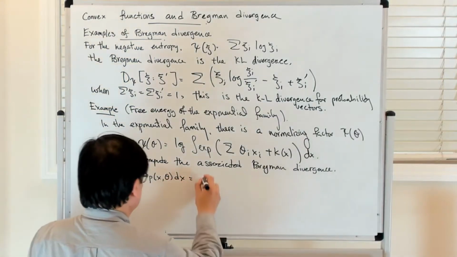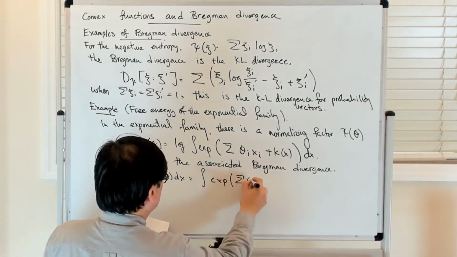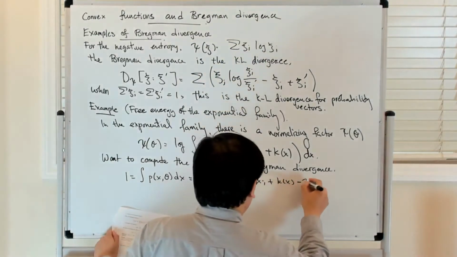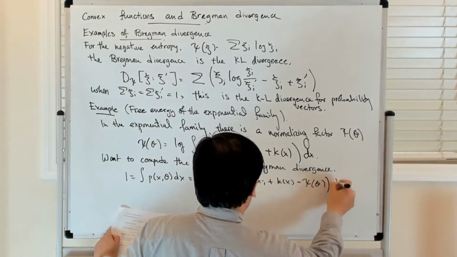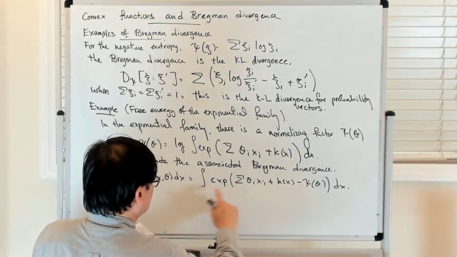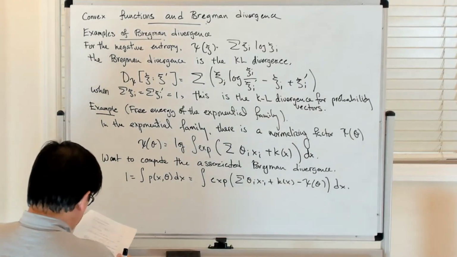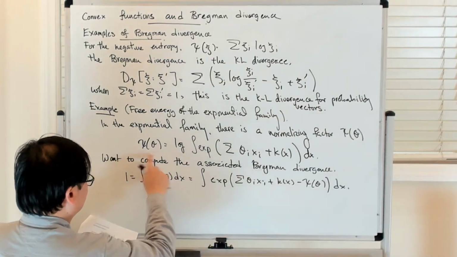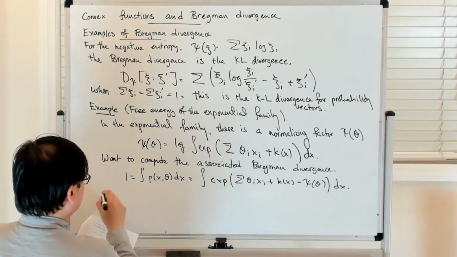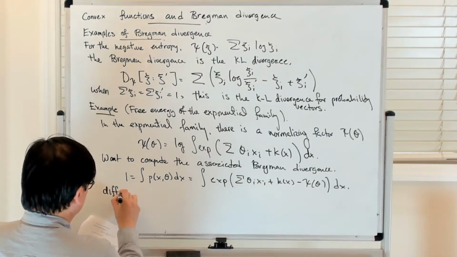Okay. That involves integrating the exponential family. And if you recall, this term is defined here, guaranteeing that the integral of that is 1, right? So this condition is equivalent to this condition, basically. Okay, so I can differentiate this with respect to theta i.